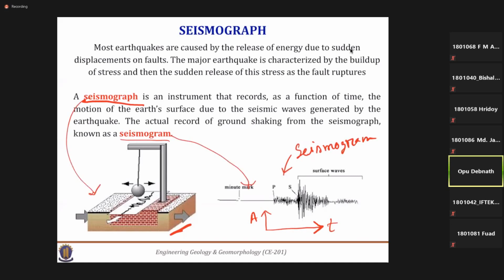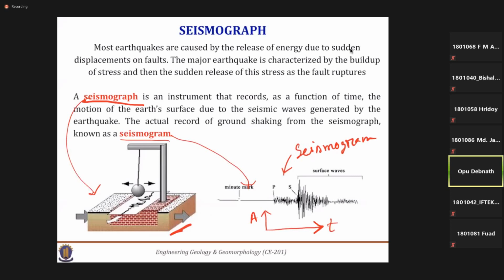Here is an arrangement: a free pendulum attached with a needle. While the earth is moving or the ground is shaking in this direction, as this is a free pendulum, and there is also a rotating drum rotating at a certain speed, the pen will record freely such movement and amplitude.